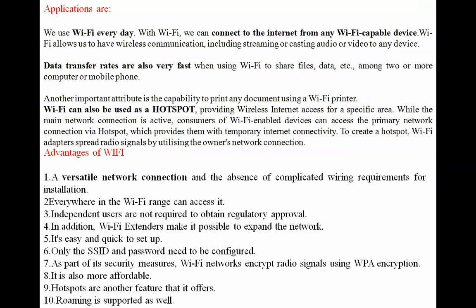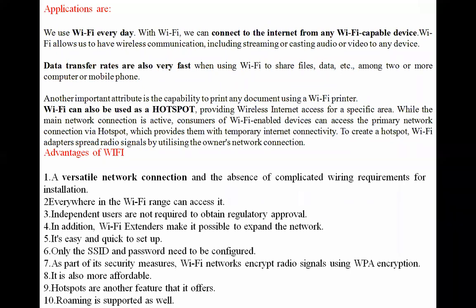This happens every day. If the person has the Wi-Fi app but the network is down, they will ask you to turn on your hotspot so that they can access the network. This is one of the advantages of using Wi-Fi.